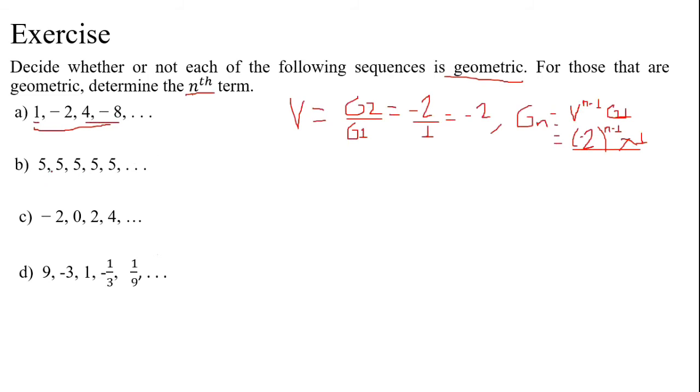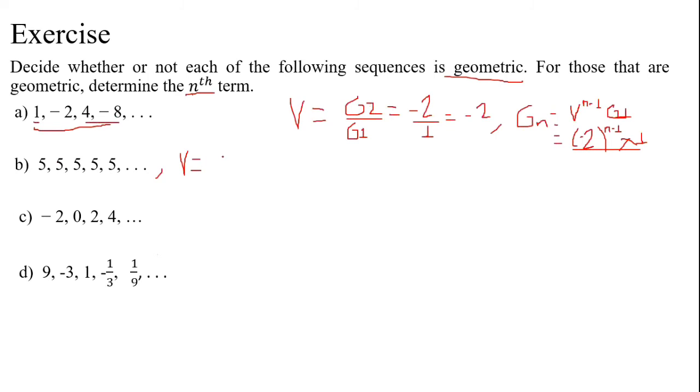As I said before, first we have to check whether it is geometric by calculating the common ratio R. It can be calculated by dividing the second term by the first term. So 5 over 5, that is 1.